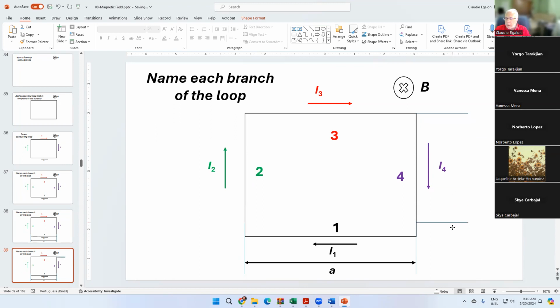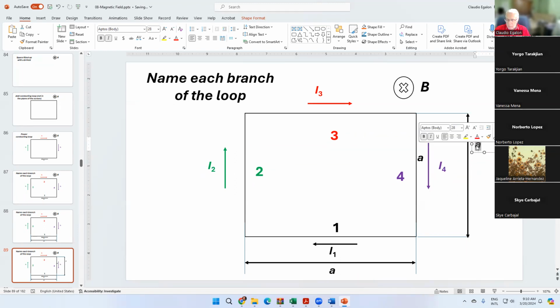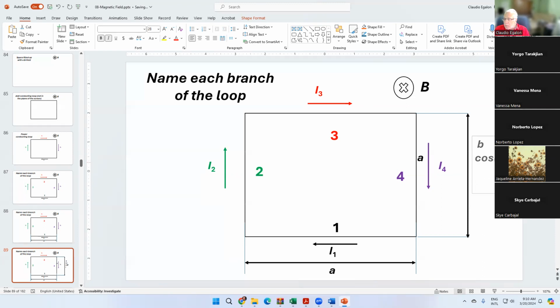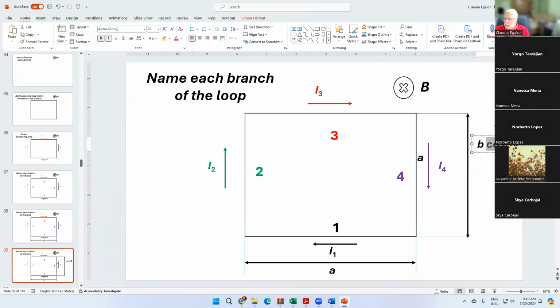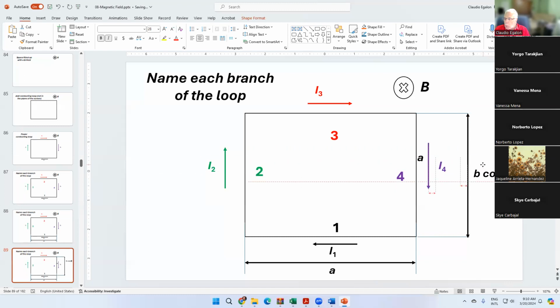That's going to be B cosine of theta. B cosine of theta. Okay.